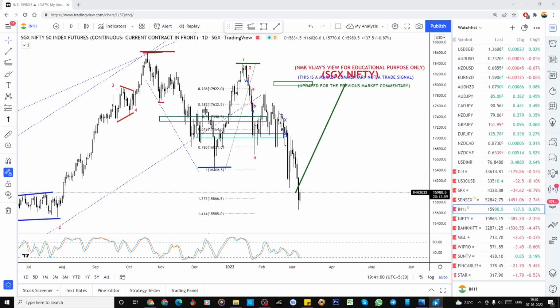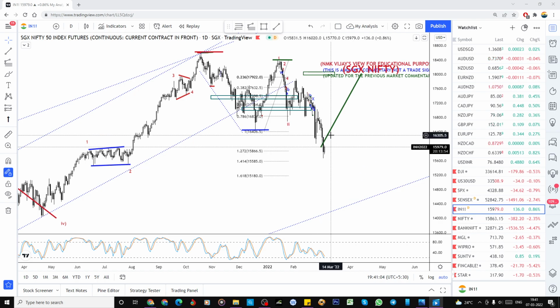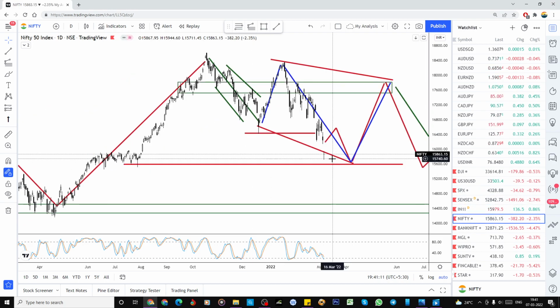Yesterday we discussed that in the Nifty, nearly 15,600 may be retested. Today the low was 15,700, it's almost there, and it is a gap down.